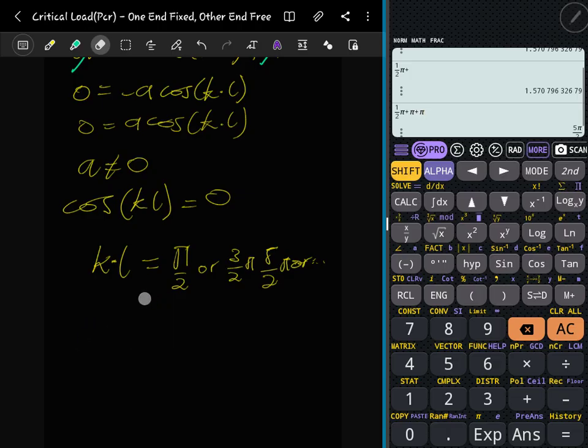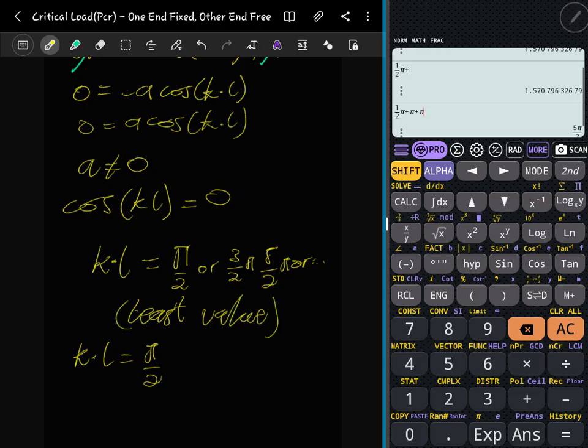It's based on how the curve of the function will be. It has a particular wave.